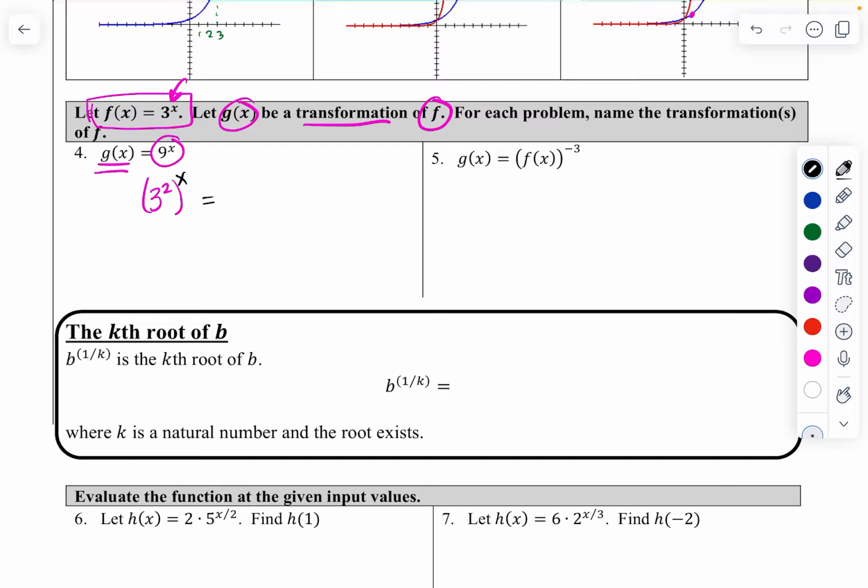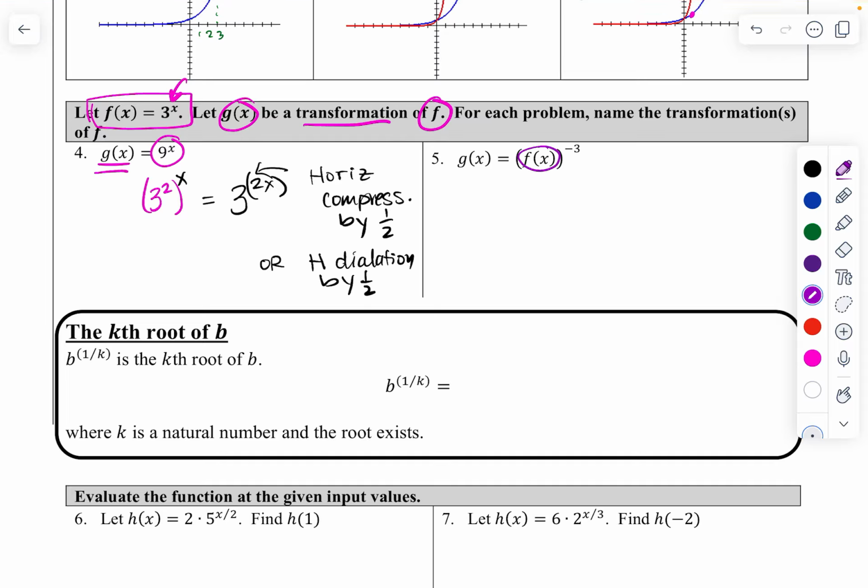So this is really 3 to the 2x. This is the same as a horizontal compression or shrink or dilation by not 2, because remember, funky town, and so it's 1/2. Or you could say that this is a horizontal dilation by 1/2.